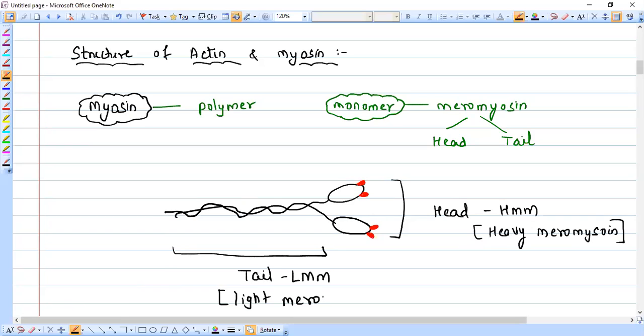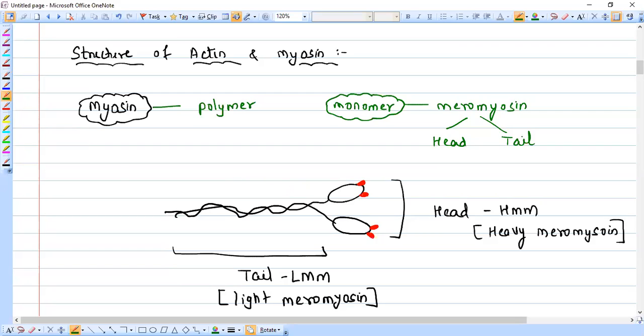So remember one thing, heavy meromyosin and light meromyosin are named with respect to molecular weight. The head has high molecular weight, so it is called heavy. The tail has low molecular weight, so it is called light. There are two binding sites present on the head.